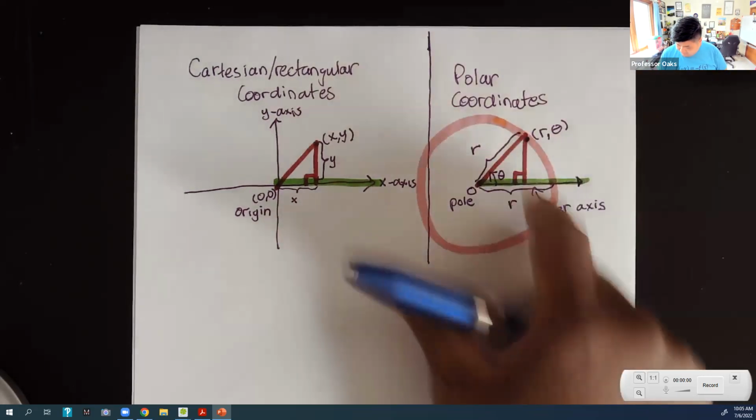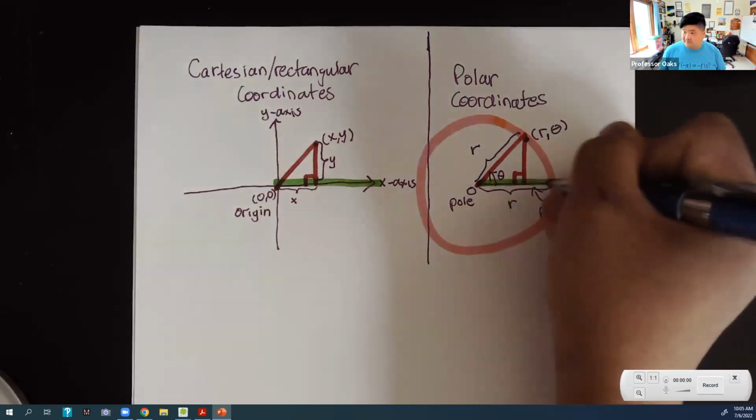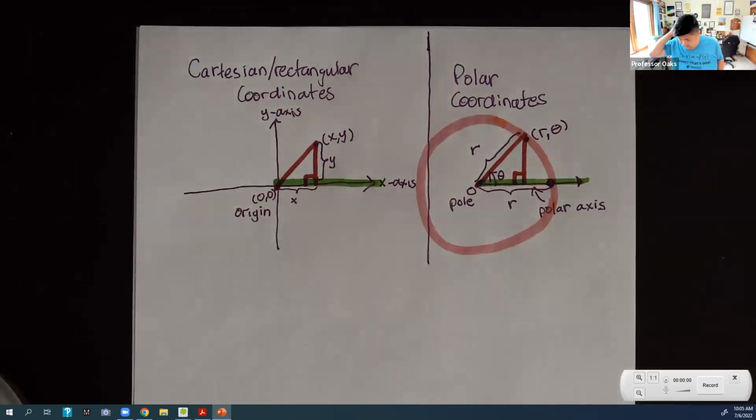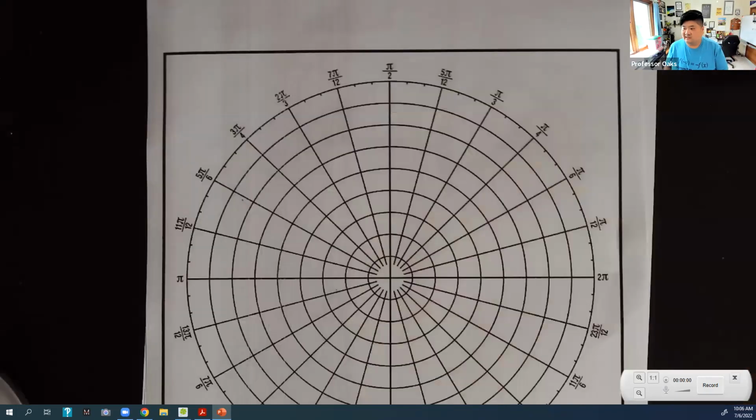So that would be r and that would be r. So that's what I am getting at. And that's why this is what the polar graph looks like.